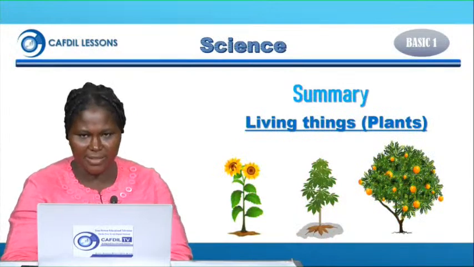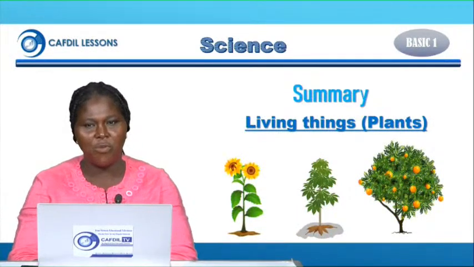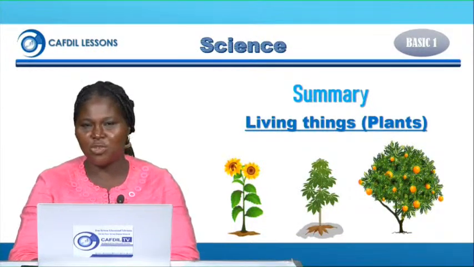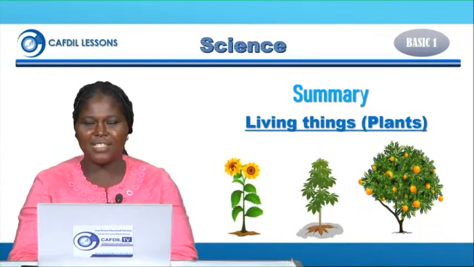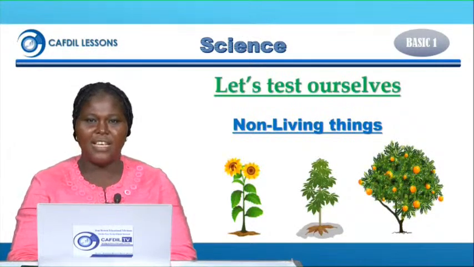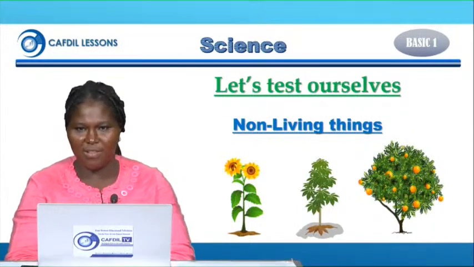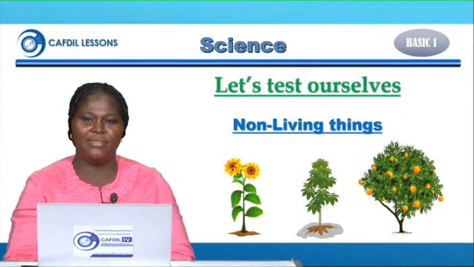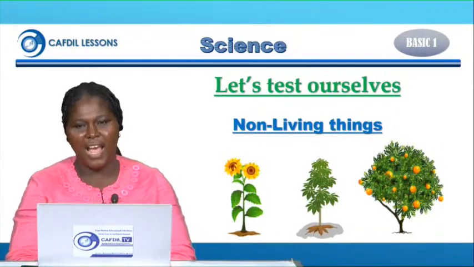Sunflower plant. Learners, you have done very, very well. Now we have seen so many plants that we have learned. Now, let's test ourselves on the types of plants we have looked at.